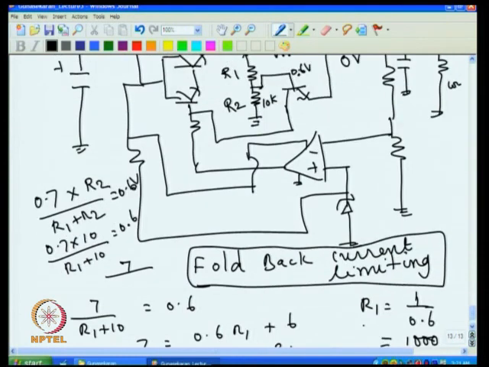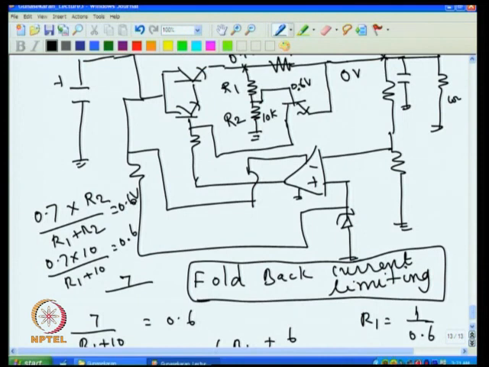We find that if I put 10K here, then R1 comes to be around 0.5 kilo ohm at this point.